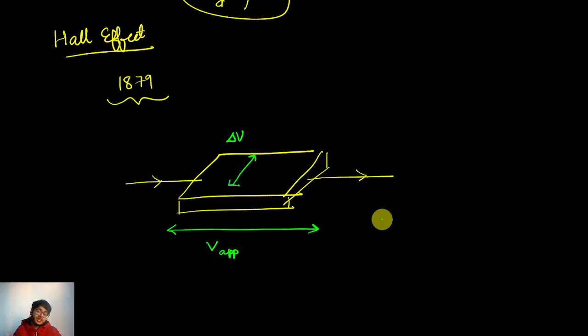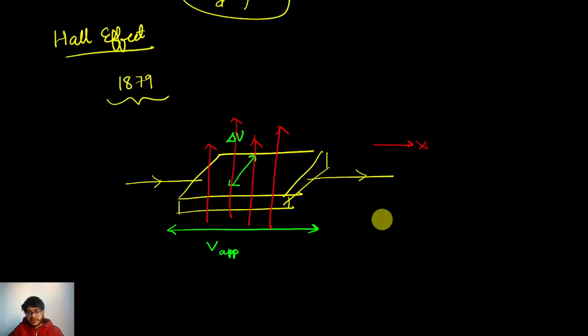But while the current is flowing, there will be a transverse potential when a magnetic field is applied, let's say in another transverse direction.